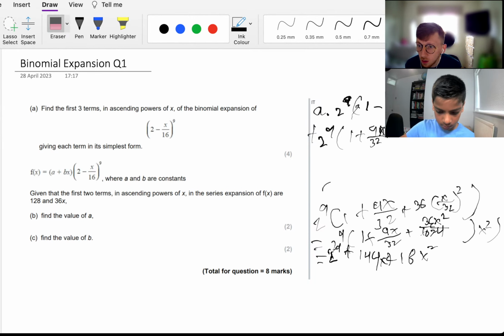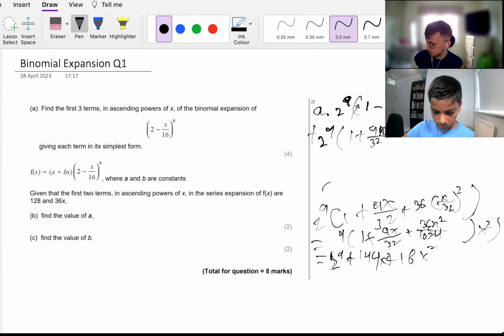Remember, in your brackets though, your x over 16, look carefully at it again, look at the original question, because you've missed something else.